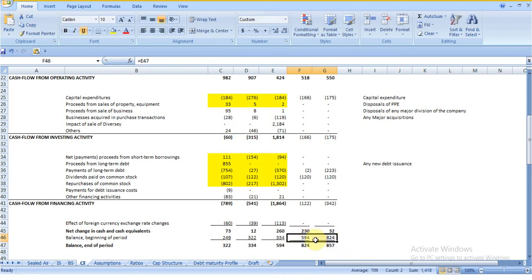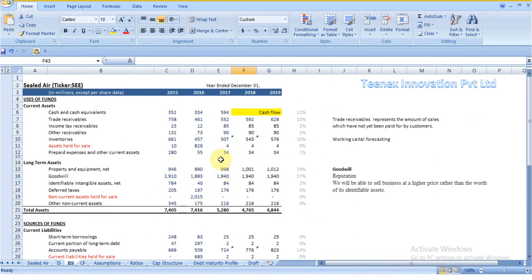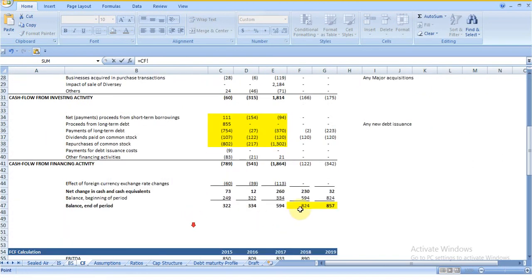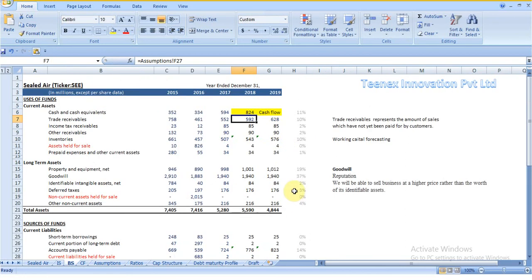I can easily plug these numbers into the balance sheet, isn't it? I'll go to the balance sheet, and here on the current asset side, cash and cash equivalents, I'll just link it and plug in this number. So this will complete my asset side.